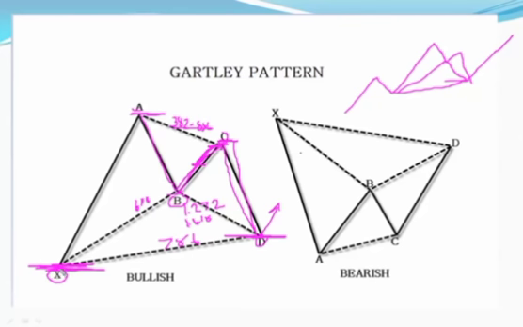So X up to A is a 786 retracement, but the criteria is that first swing down off the high, that A to B wave is a 618, and then you have that 382 to 886 swing up from that A high, B low to C, and then on the way down you have a 1272 to 1618 extension from B to C. Now they don't take into consideration the A to B, C to D wave in terms of length.